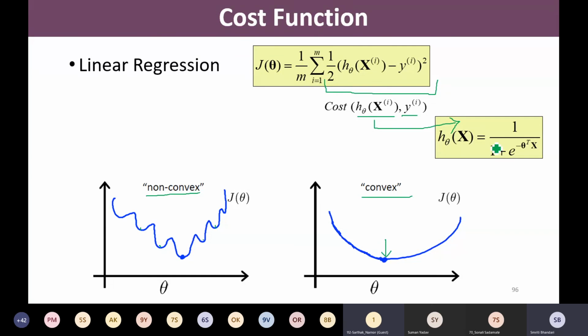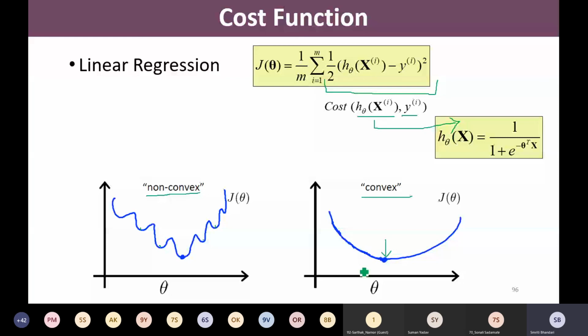Of course. Whenever we discussed linear regression, this hypothesis was linear in nature. And whenever we used the sum of squared error as the cost function, we have seen that our cost function had such a pattern, and this function was always convex for linear regression because our hypothesis was linear, right?